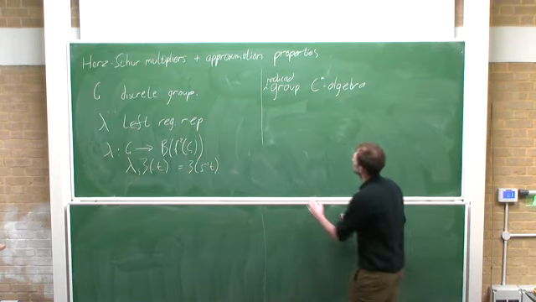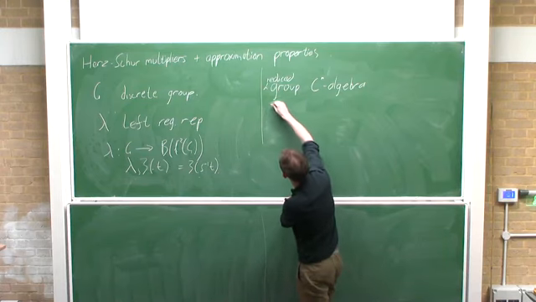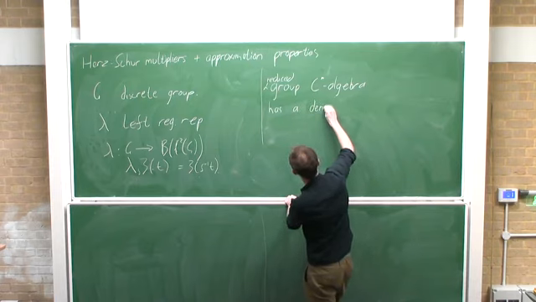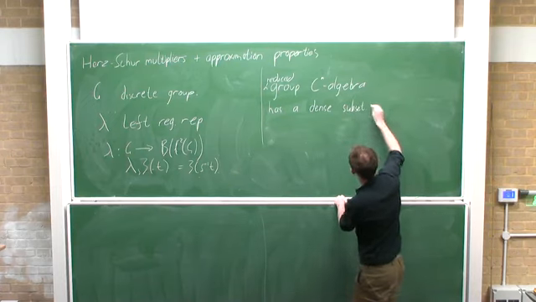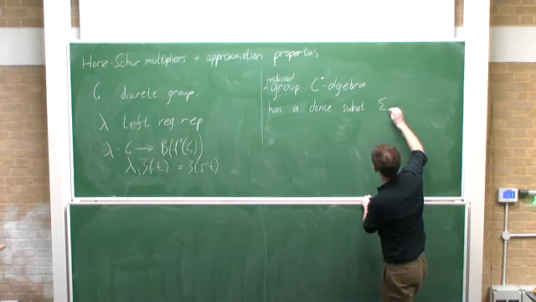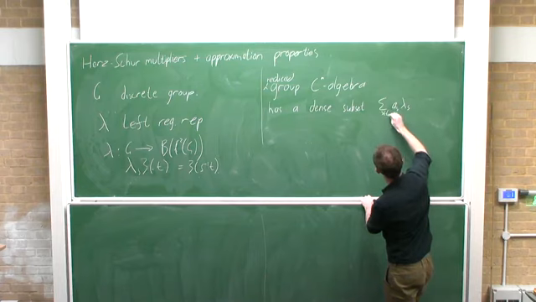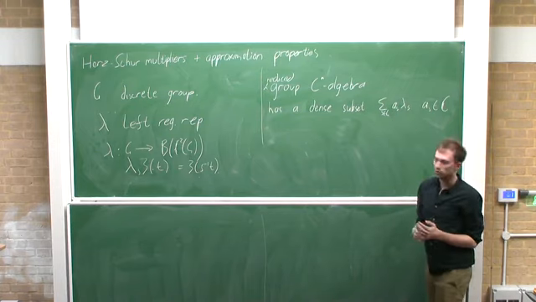And because our group is discrete, it has a dense subset like this, where the coefficients are just scalars, and only finitely many of them are non-zero.